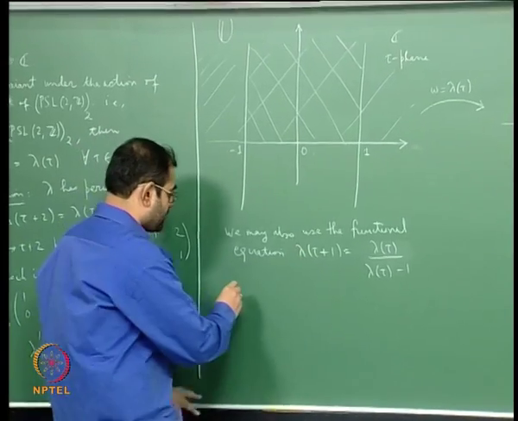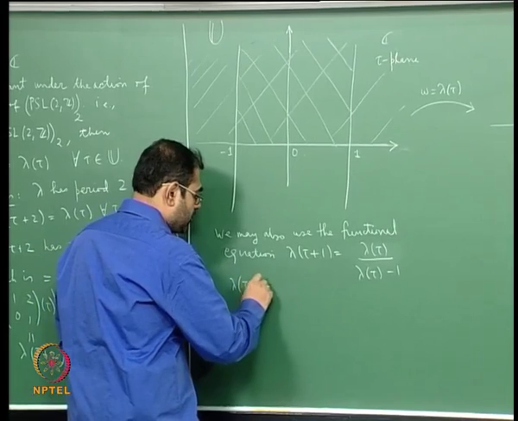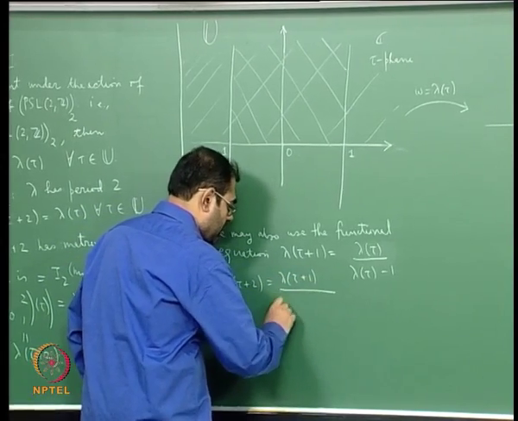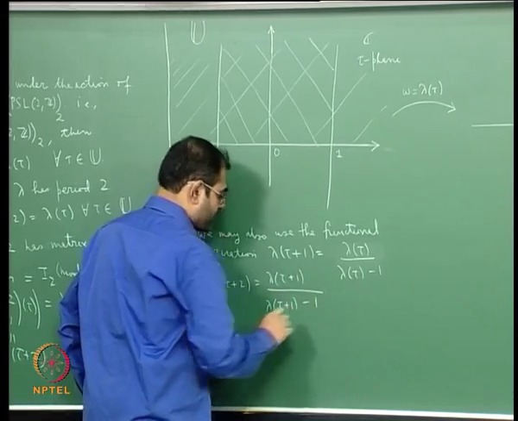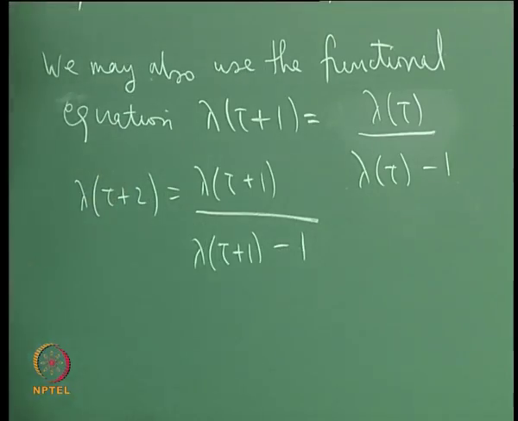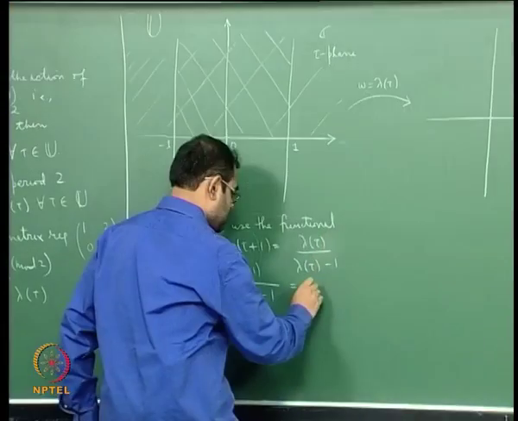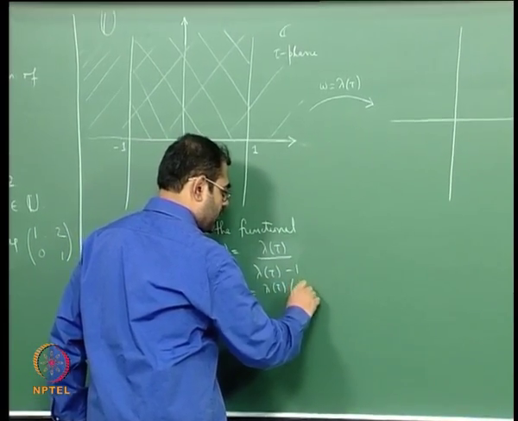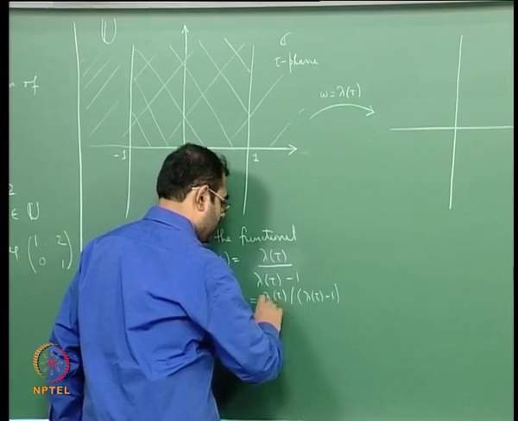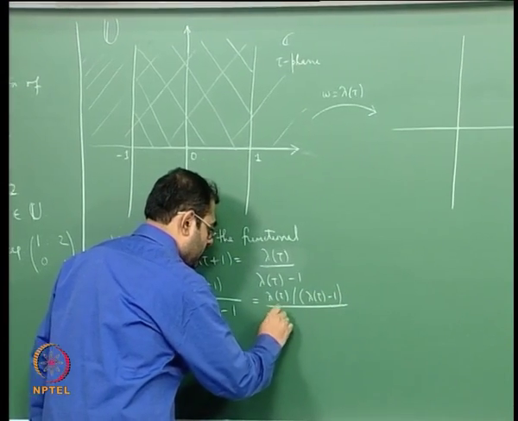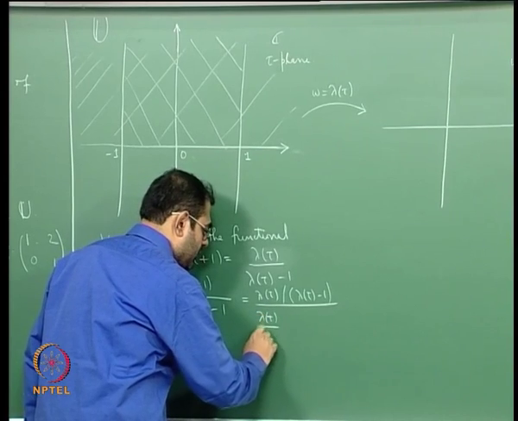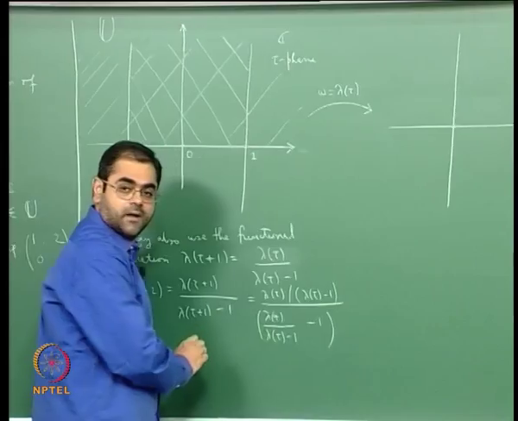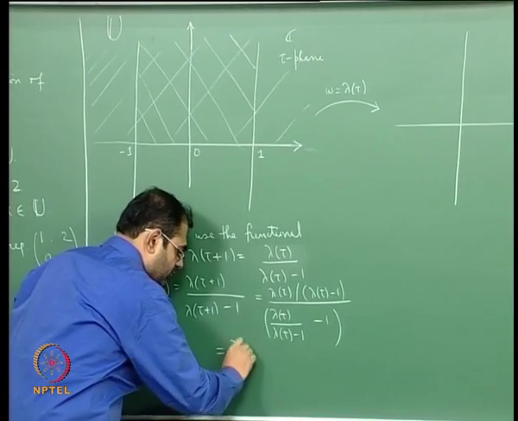Then lambda tau plus 2 will be lambda tau plus 1 by lambda tau plus 1 minus 1, and then applying this again, you get lambda tau by lambda tau minus 1 divided by lambda tau by lambda tau minus 1 minus 1, and you will see that this again gives you lambda of tau.